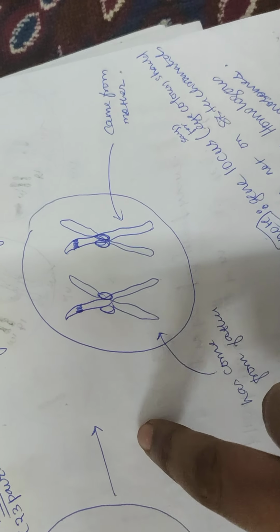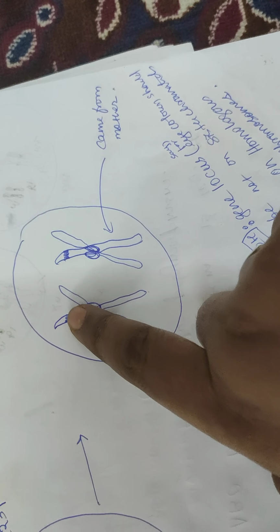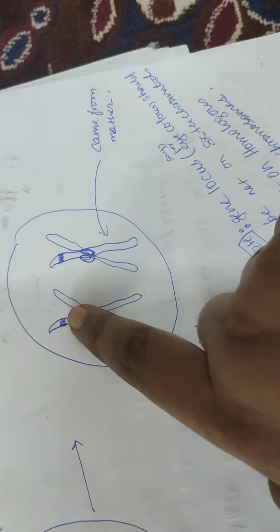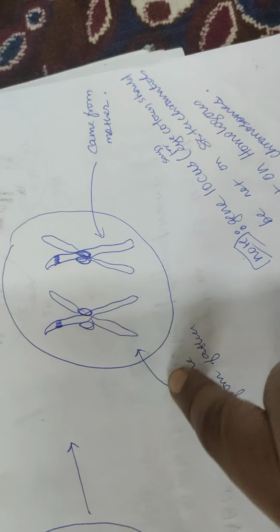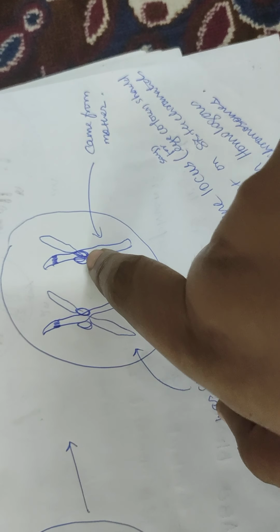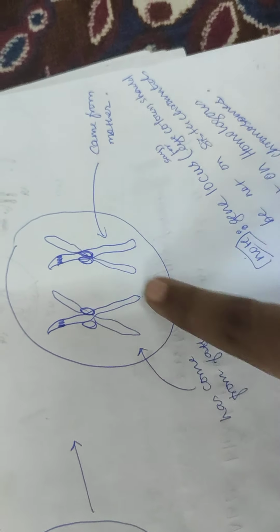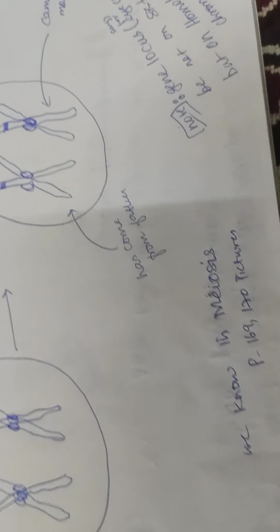Among these homologous chromosomes, it will be one from father, one from mother. So that's why the gene locus should be on the homologous chromosome, not on the sister chromatids. This gene locus is on the father's part of the chromosome, and this is from the mother's part of the chromosome.